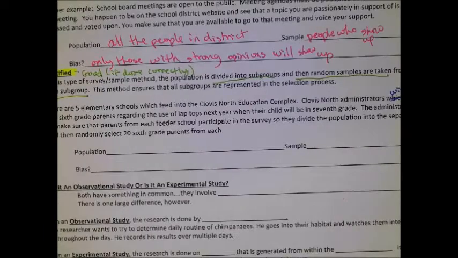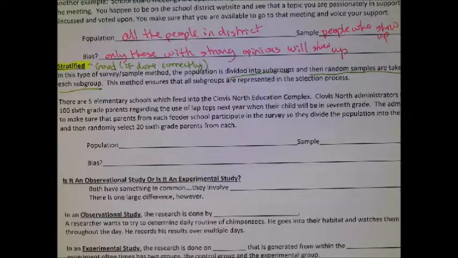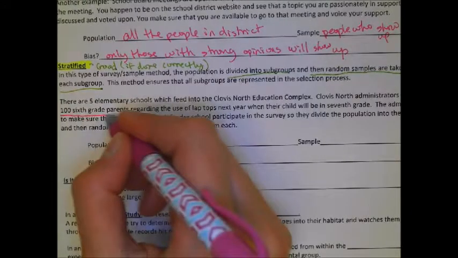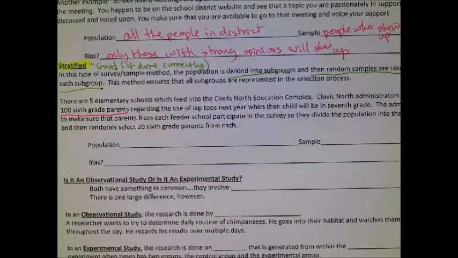To survey 100 sixth grade parents regarding the use of laptops next year when their child will be in 7th grade. The administration wants to make sure that parents from each feeder school participate in the survey. So they divide the population into the separate schools and then randomly select 20 sixth grade parents from each.